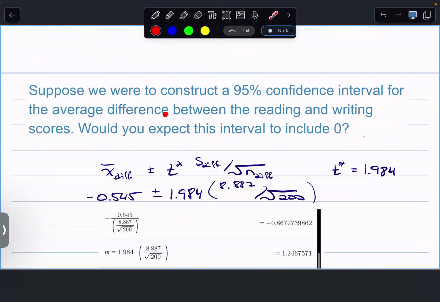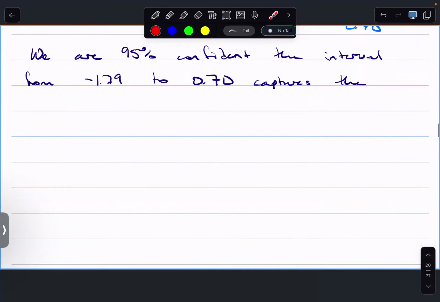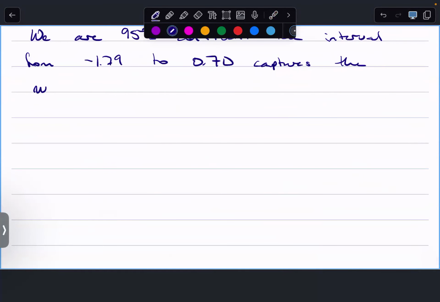The average difference, but I'll say mean just to emphasize that it's a means type of question. And so the average difference or the mean difference between the reading and writing scores captures the mean, I'll put in brackets, the average difference, right? That's what we're analyzing between the reading and writing scores.